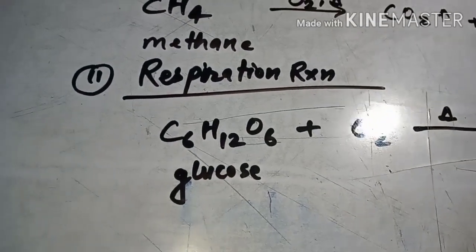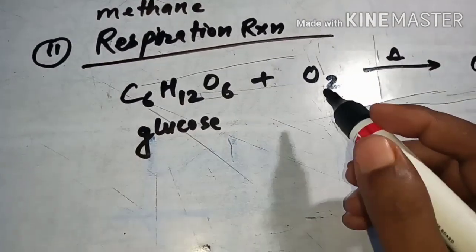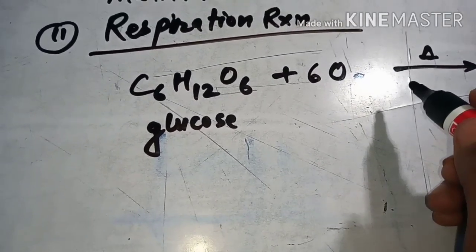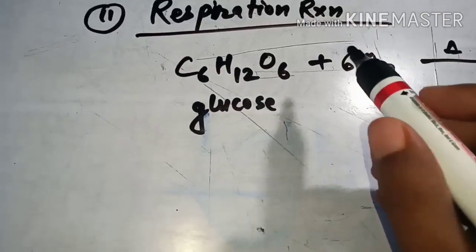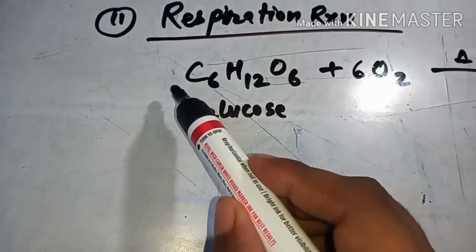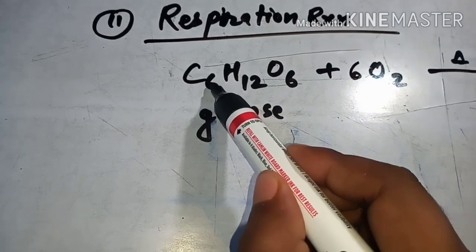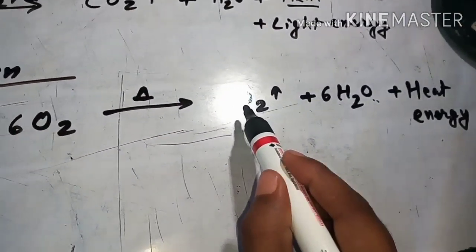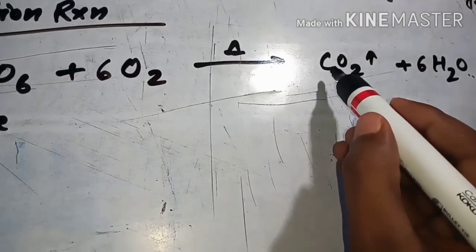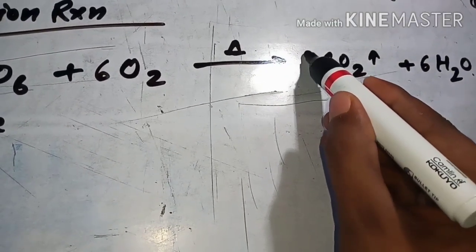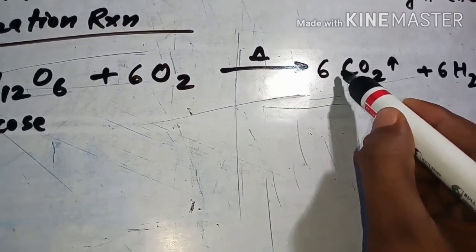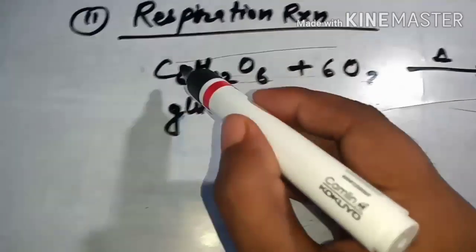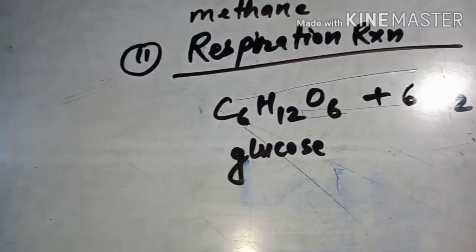So now we have to balance carbon and oxygen. The number of carbon is 6 here, and here it is 1 only. So we need to put 6 here. So the number of carbon is equal on both sides, 6 carbon and 6 carbon.